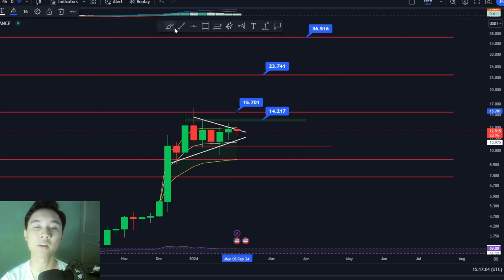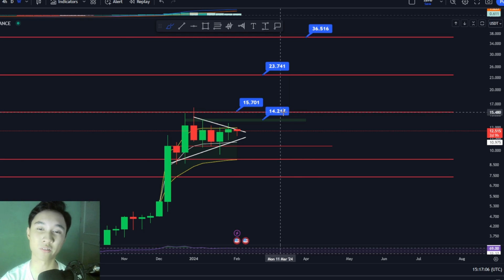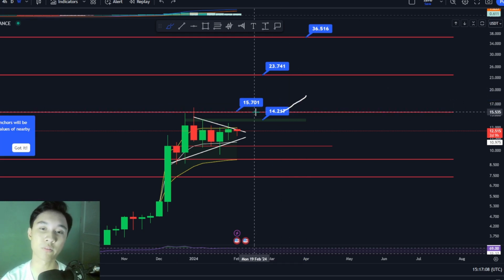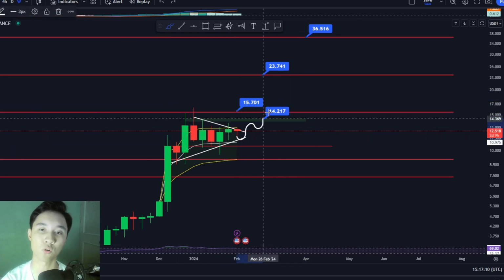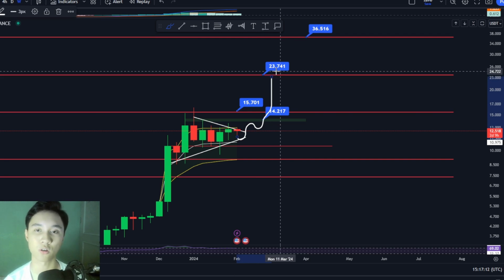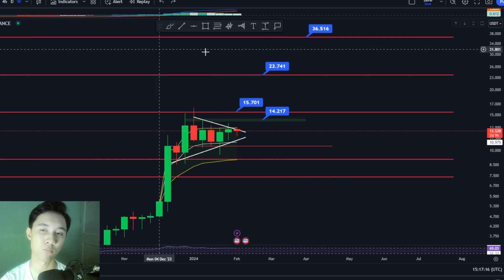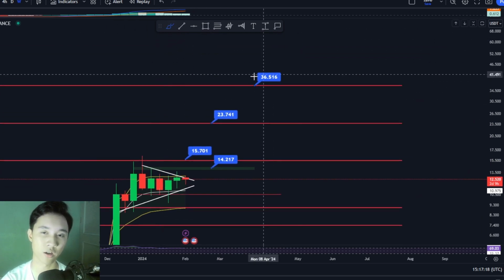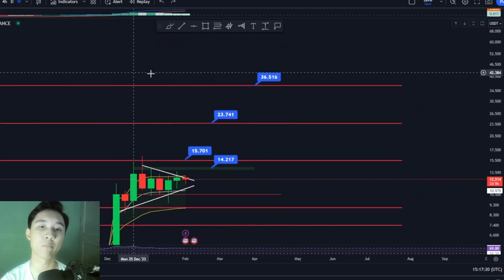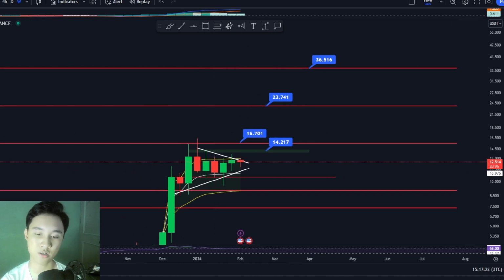Once we see ICP successfully take these two resistance levels out, we could proceed towards our minimum bull run target of $23.7, and then our next target for the bull run would be $36.5. So these are my mid to long term expectations for ICP.